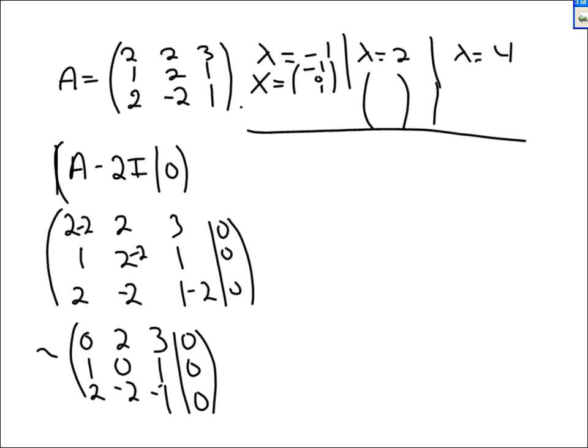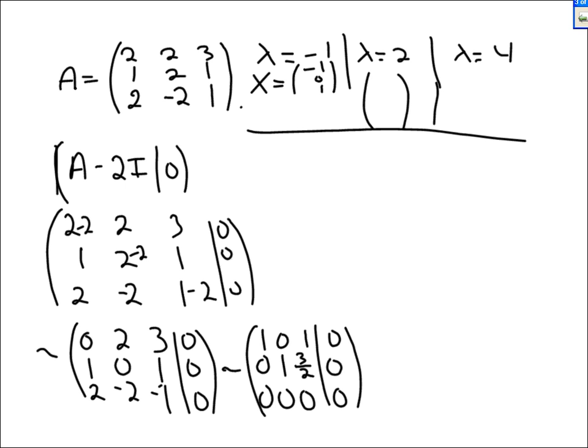If we were to reduce this, what we will get is 1, 0, 1, 0, 0, 1, 3 over 2, 0, and a row of zeros. Row 1 has a leading 1, row 2 has a leading 1, row 3 does not.